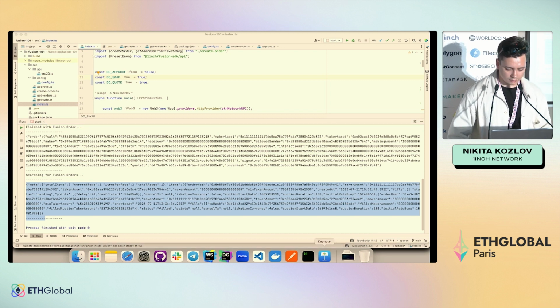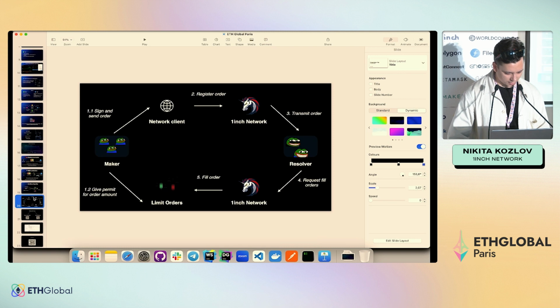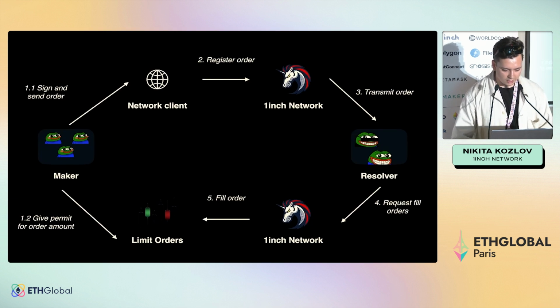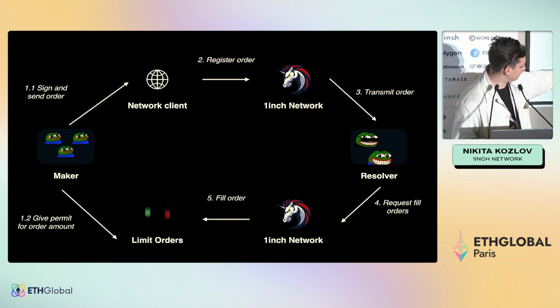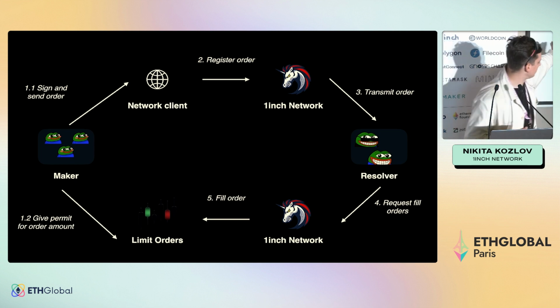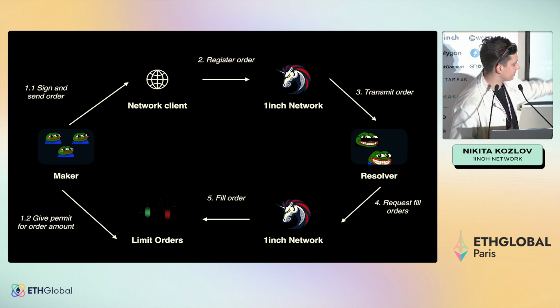So let me show it again. I think I can modify this picture later, but basically everything started from here. The limit orders part is the on-chain part. All of this is on-chain because resolvers fill transactions on each network using the limit orders contract, and makers, basically users, are also making a proof to the limit order contract.